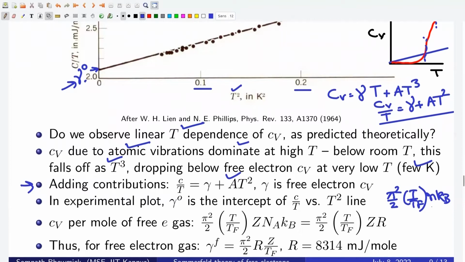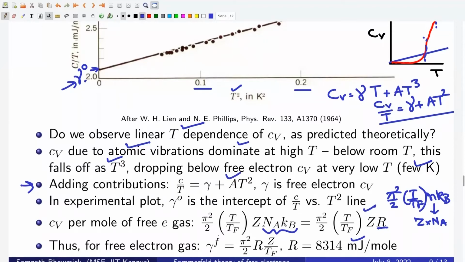Okay, so what we do is that in place of n, we just take 1 mole. Z is the number of valence electrons per atom, and we multiply it with Na, the Avogadro number. Then the entire term we can write in this form: pi square by 2 T by Tf, times Z and R, where R is equal to the Avogadro number times the Boltzmann constant.